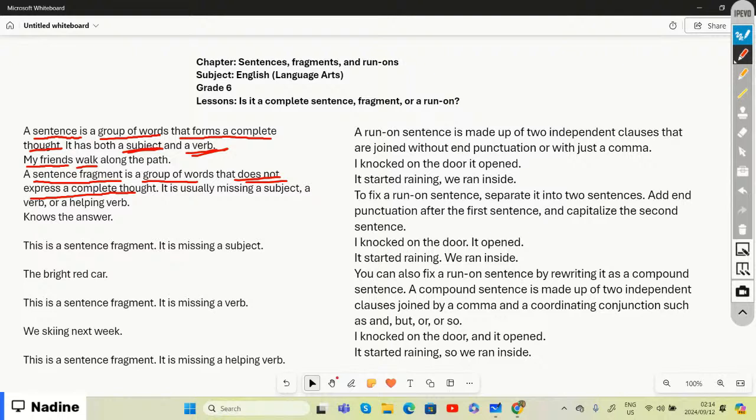Remember, a sentence fragment does not express a complete thought.